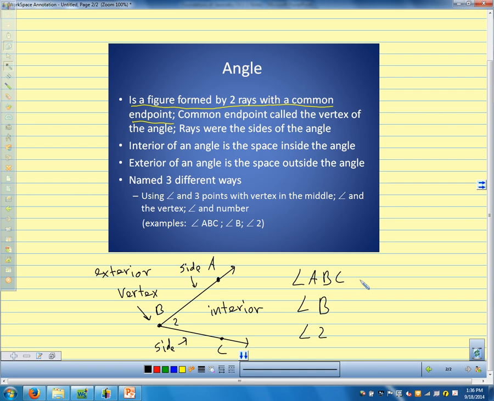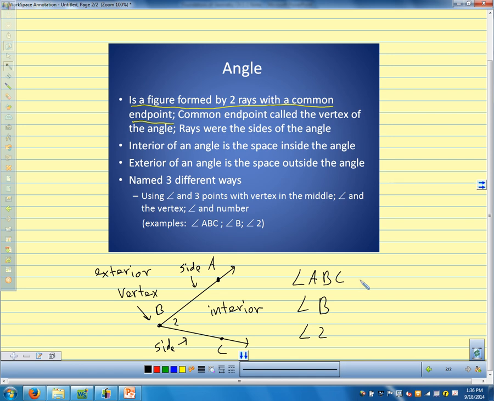The hands of a clock or a watch make an angle. So those would be examples of an angle. And we have lots of non-examples now. A point, a line, a plane, a ray is not an angle. A segment is not an angle. So you can put any of those in your sheet.